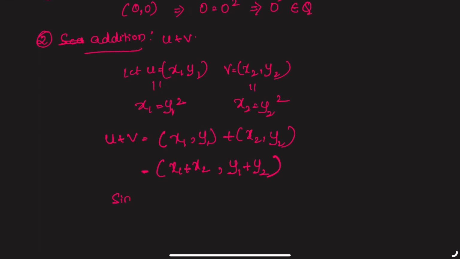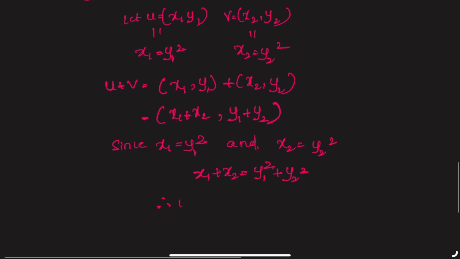Since x1 is equal to y1 squared and x2 is equal to y2 squared, we have x1 plus x2 equal to y1 squared plus y2 squared.